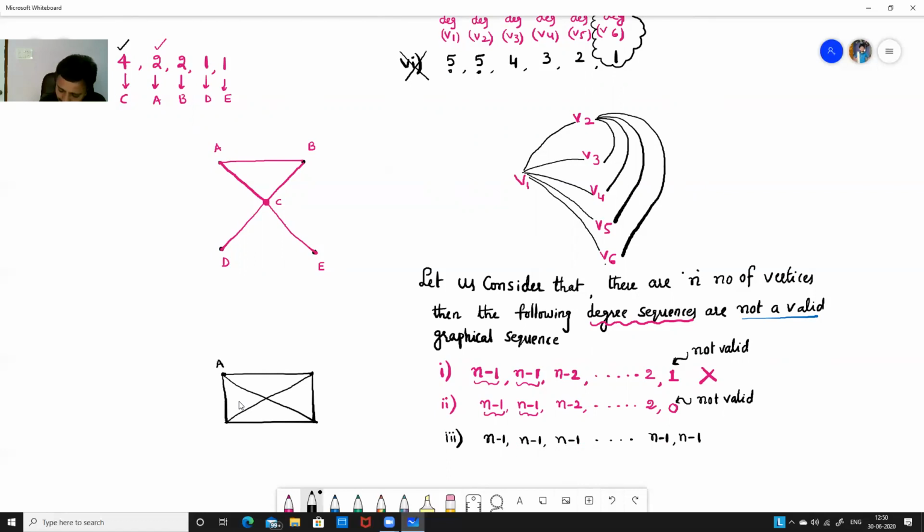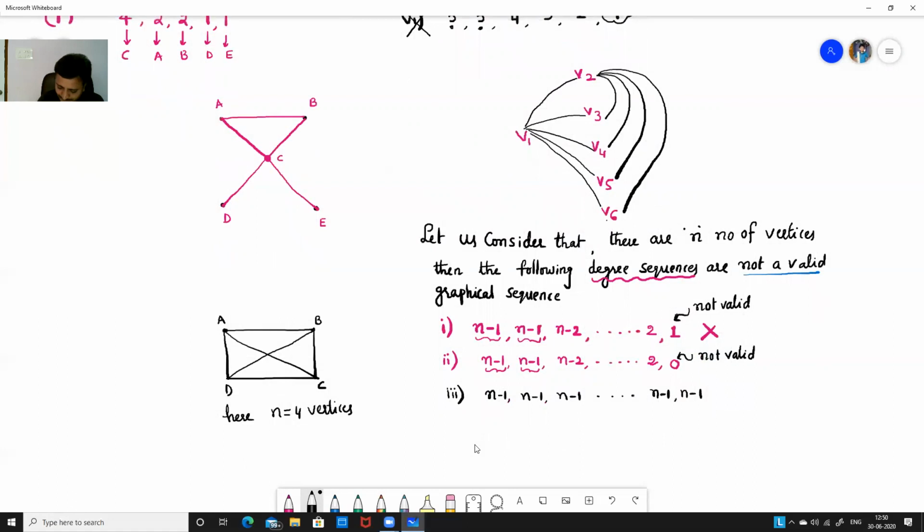What is the degree of A? That equals 3. Degree of B also 3. Degree of C also 3. Degree of D also 3. So here n is the number of vertices, 4 vertices, and the degree of every vertex is 3. Degree of any vertex here is 3, which equals 4 minus 1, which is n minus 1.